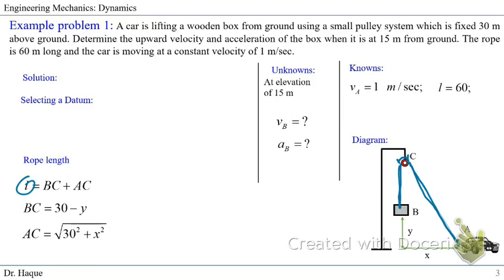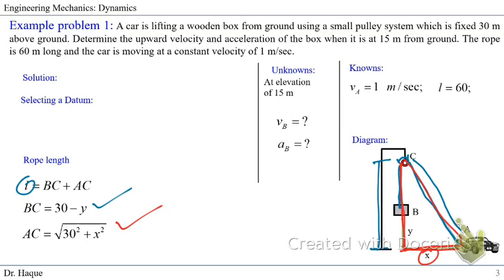BC is 30 minus y, because we know this is 30. What is AC? We can apply the Pythagorean theorem for this triangle, where we don't know x. For AC, we'll have the square root of 30 squared plus x squared. So we have found BC and AC.